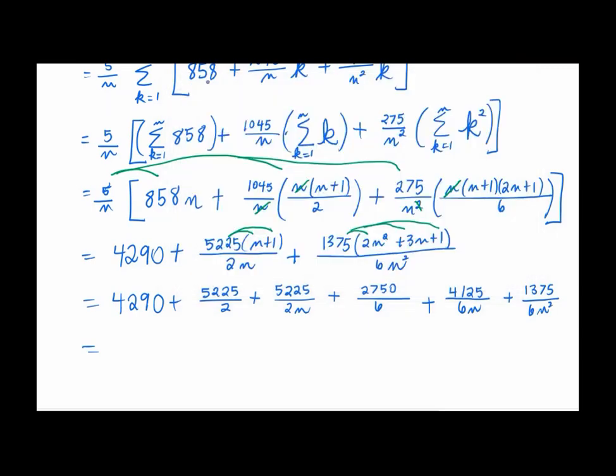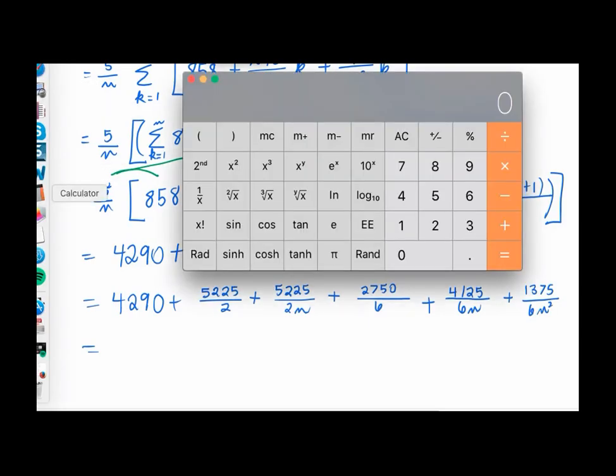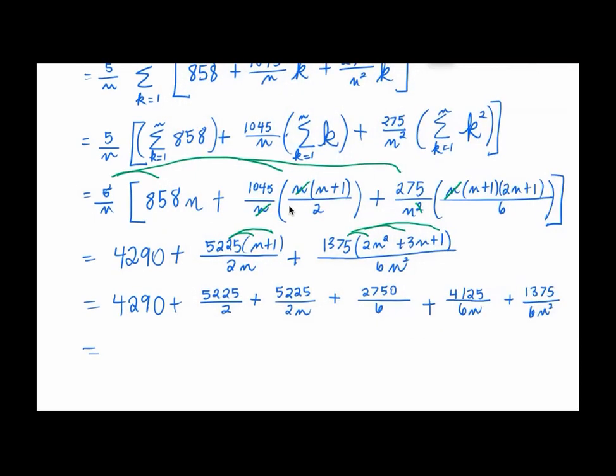So my first term, 4290, to put it over 6, I'm going to multiply it times 6. So 4290 times 6 is 25,740. So this term is 25,740 over 6.